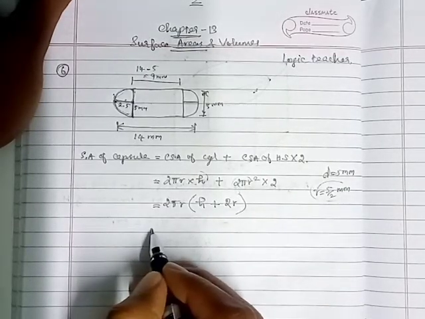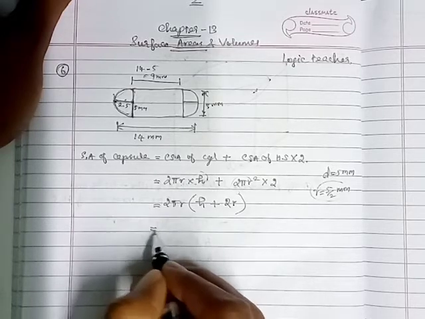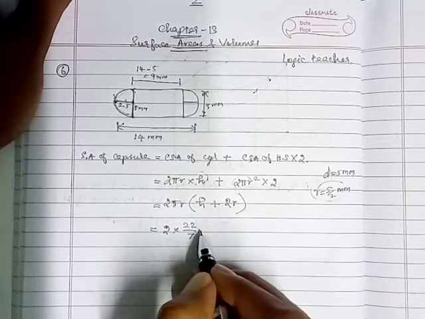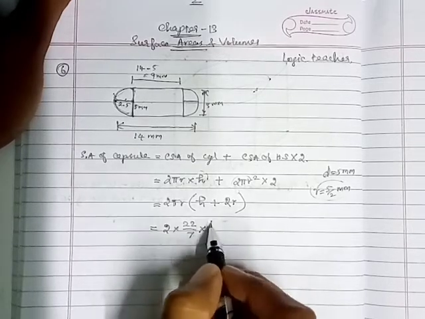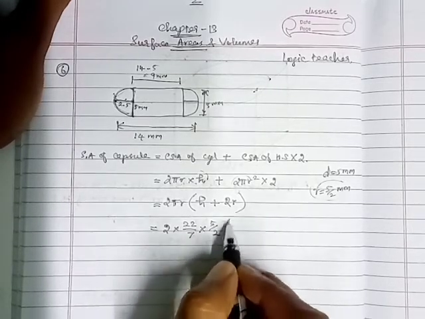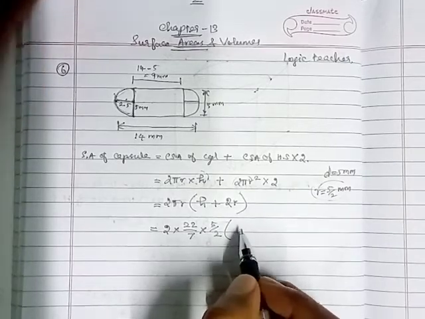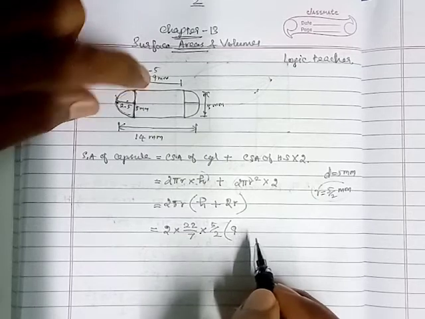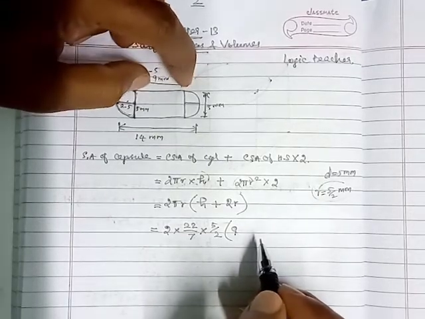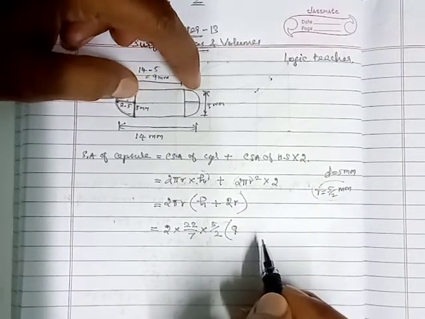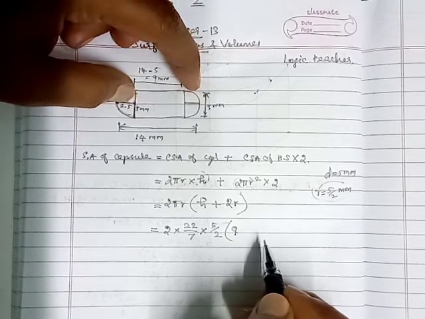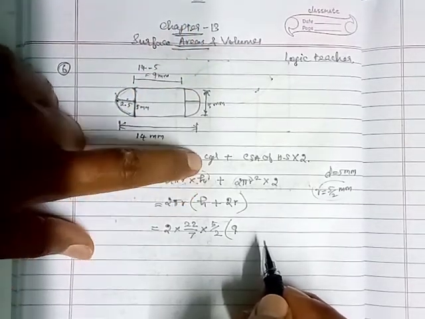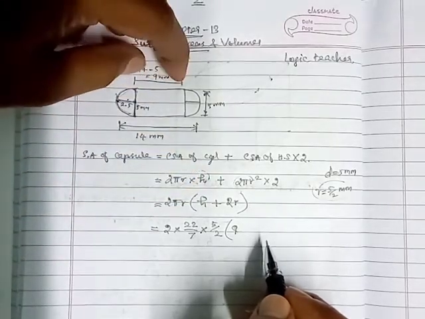Now we can substitute all the values. 2 into 22 by 7, the value of pi, into r, that is 5 by 2. What is h? h is 9 millimeter. Why 9? The cylinder has the height, not the hemisphere. Hemisphere height is radius. Here h is from the cylinder, so you have to substitute the value of the cylinder.